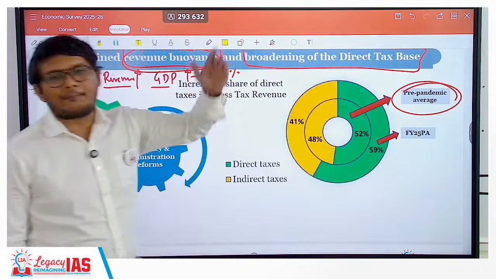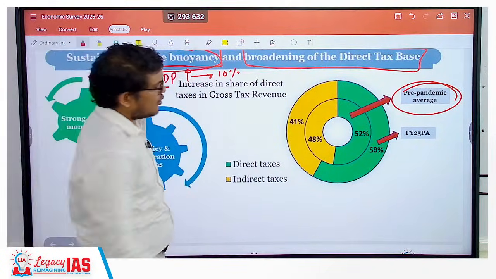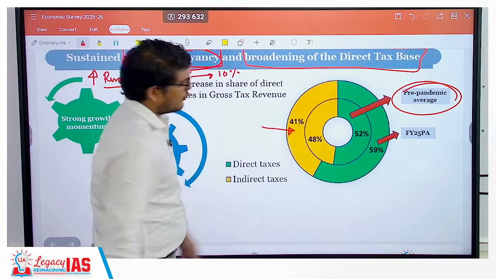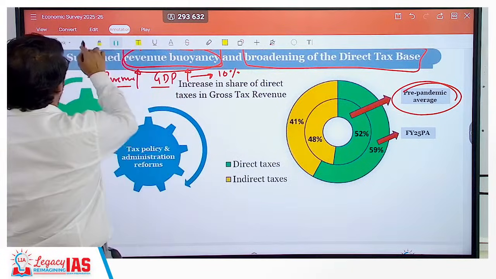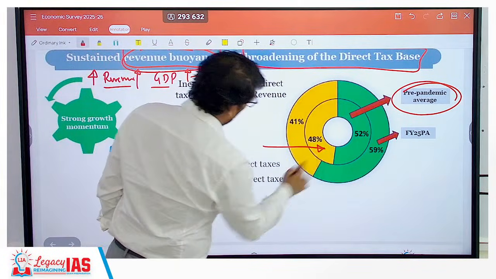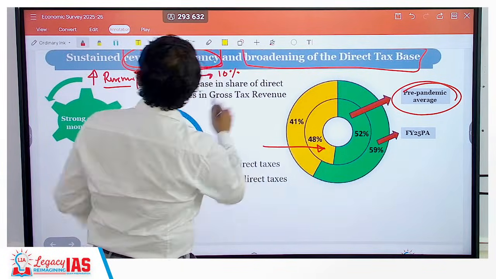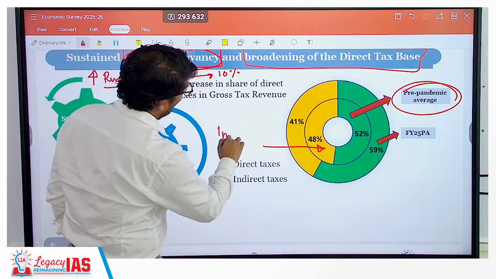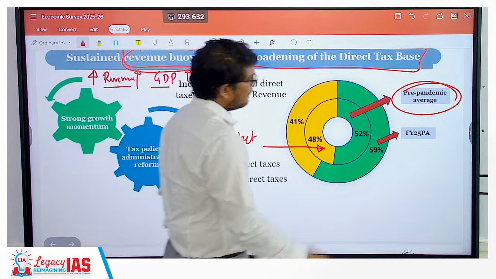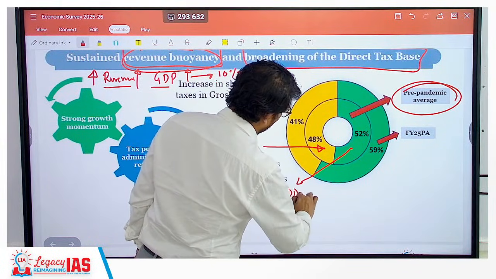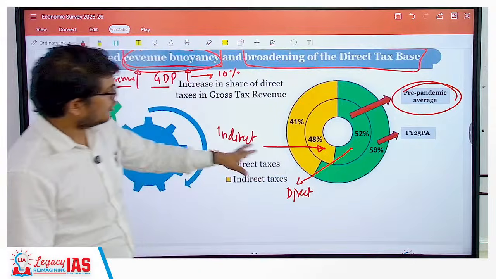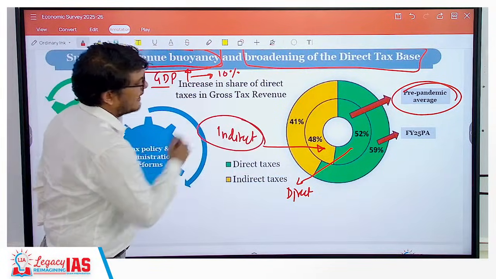Before the pandemic era, on an average, 48% of taxes were collected as indirect taxes, and 52% were collected as direct taxes. That means almost half of the taxes were indirect.